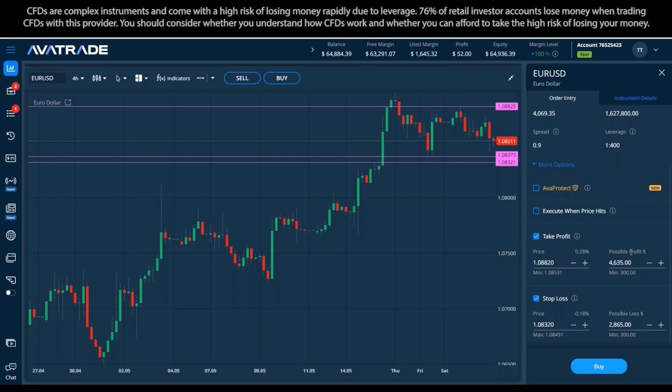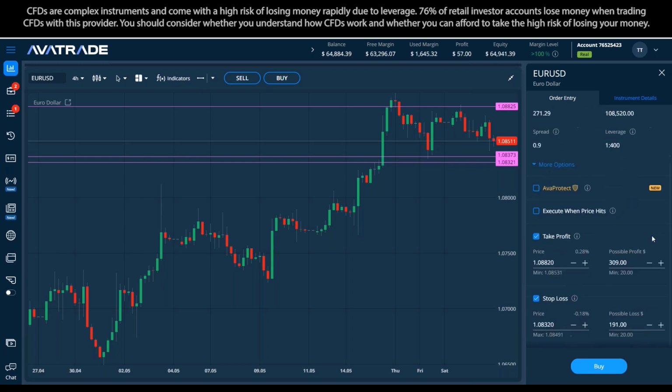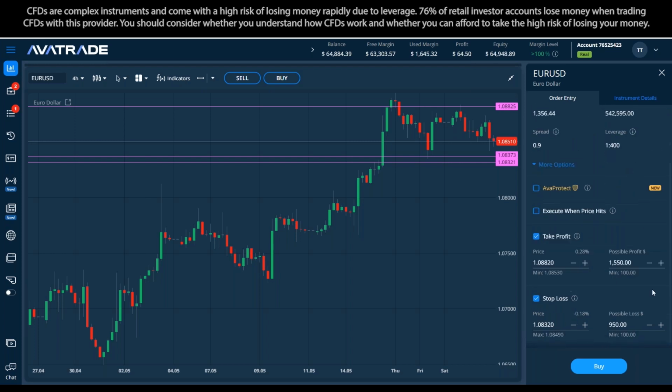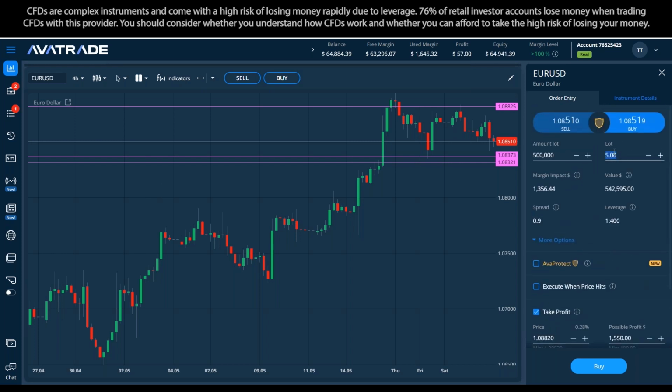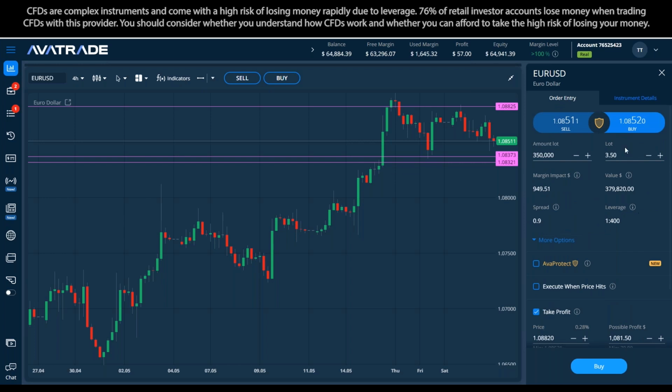Okay, so now I just need to adjust my trade size. If I go one lot, I'm only risking 191. If I want to risk X amount per trade, then I'm going to go maybe 5 lots to be 1% of my balance here. Misestimated that. 3.5, 3.4, about gets me there. And you see how easy it is to do the risk management with this order window.